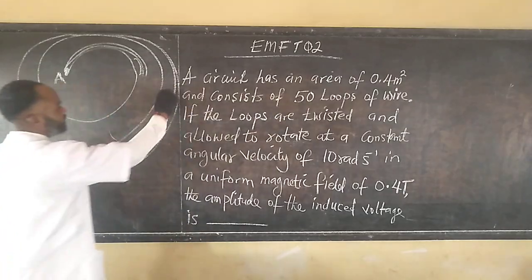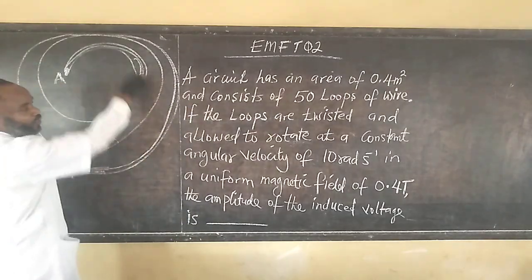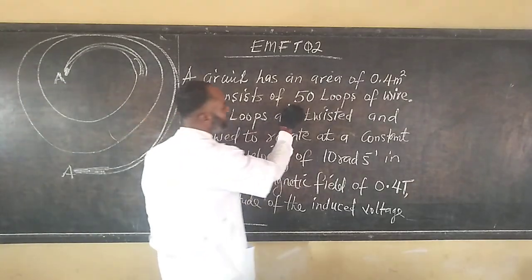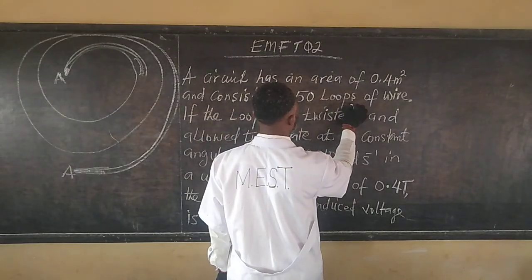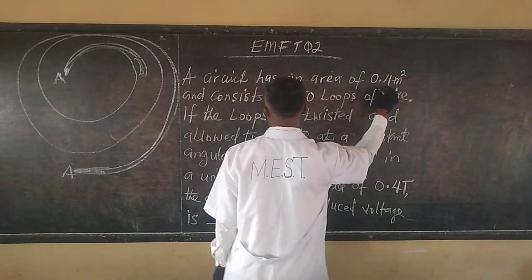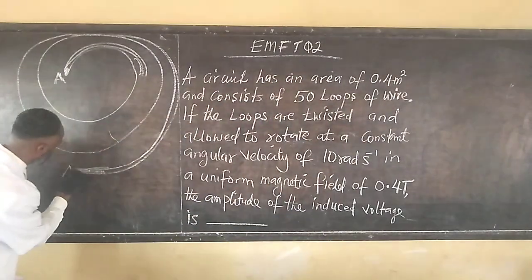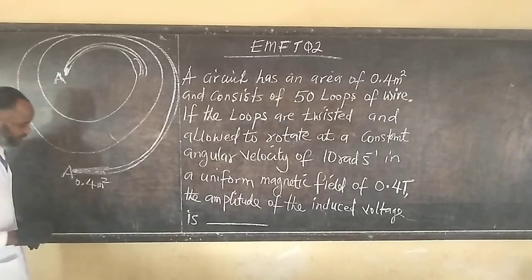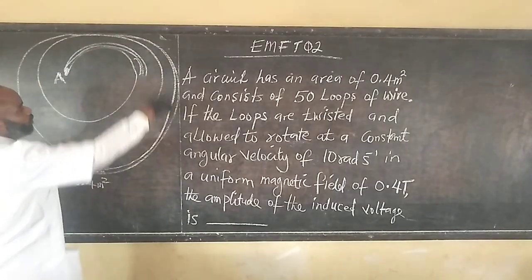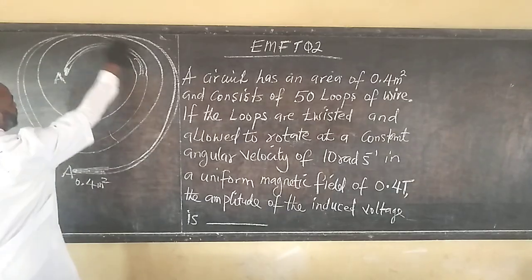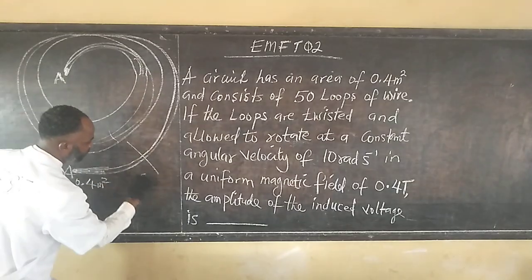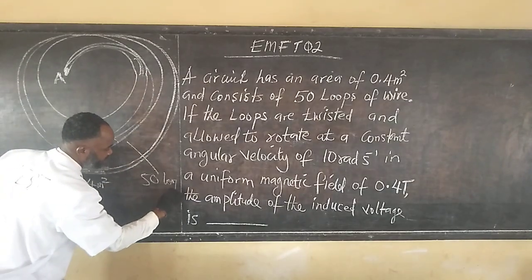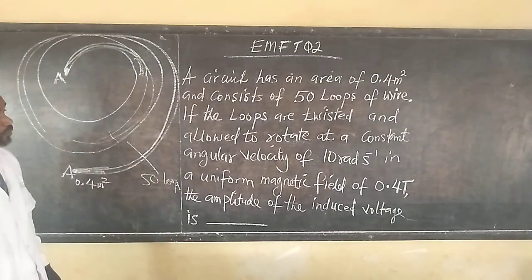Maybe we run this 1, 2, 3, 4 until we have 50 loops. But the area is 0.4, that means this cross-sectional area is simply 0.4 meters squared. The number of turns, loops that we have, is simply 50 loops. Correct.